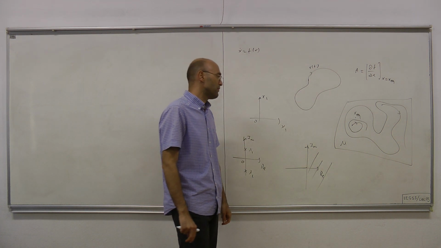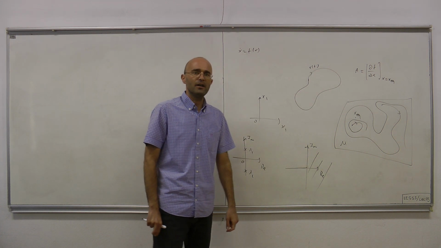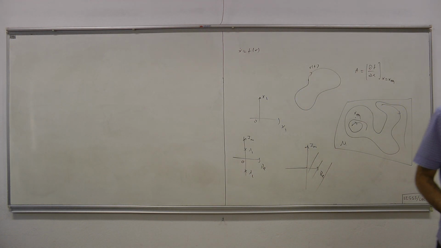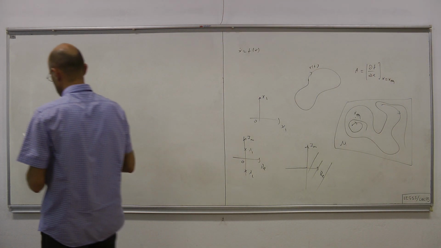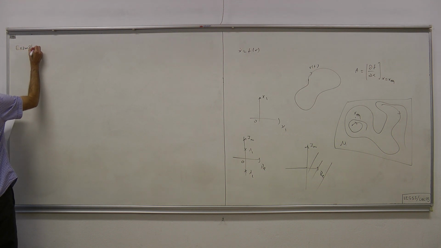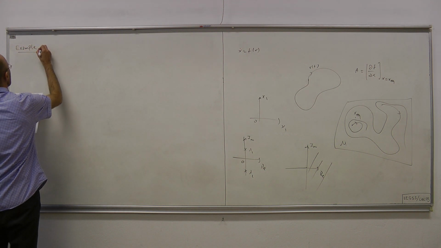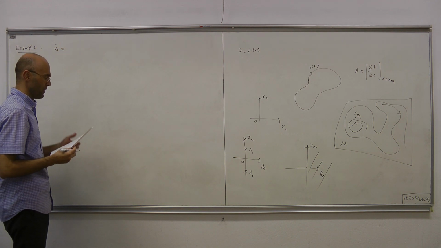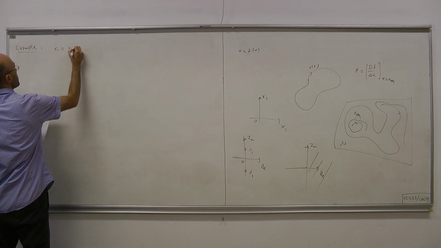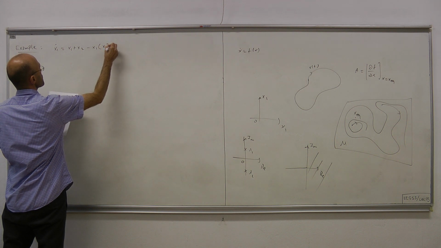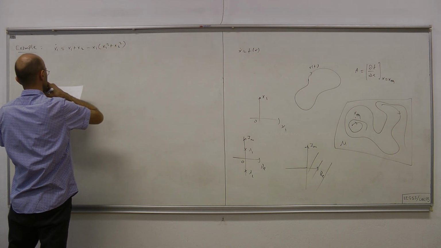Now, we're not going to prove that theorem, but instead we'll apply it to a nice, simple example. Suppose that this is the second order system that we're given. x1 dot equals x1 plus x2 minus x1 times (x1 squared plus x2 squared).